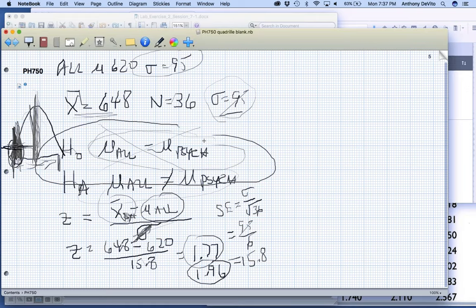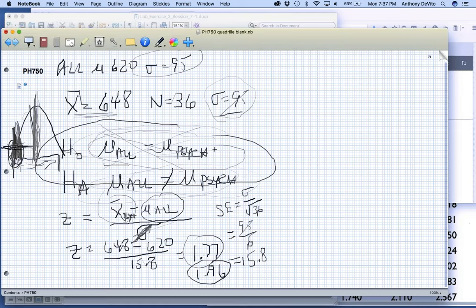What can I say about this now? Anybody want to hazard a guess? Can I say that I've just proven that the mean for psych majors is equal to the mean for everybody? Have I proven that? No, I haven't. What I really wanted to do was reject this and accept the fact that they're different, with a small chance of being wrong, right?